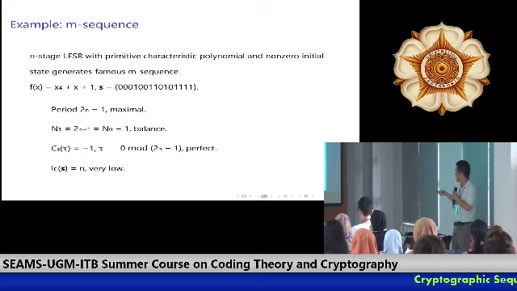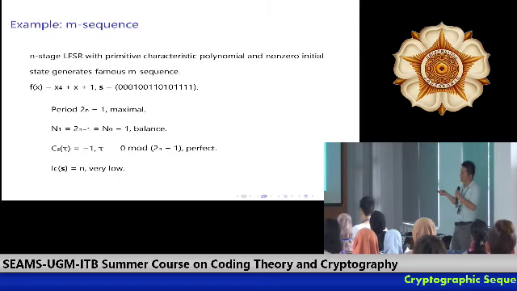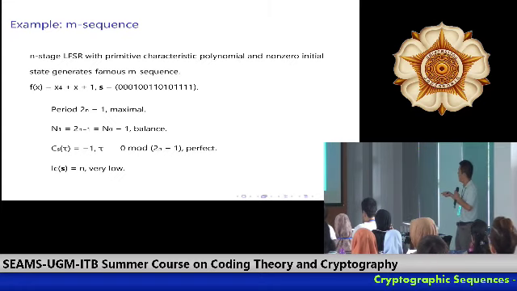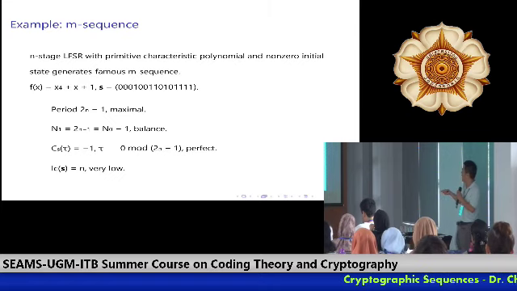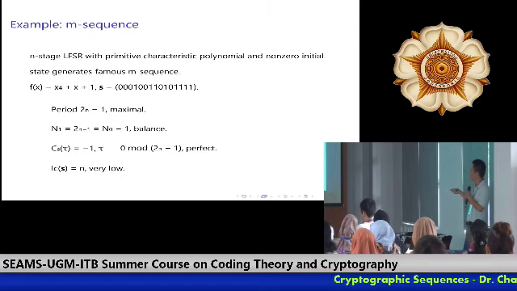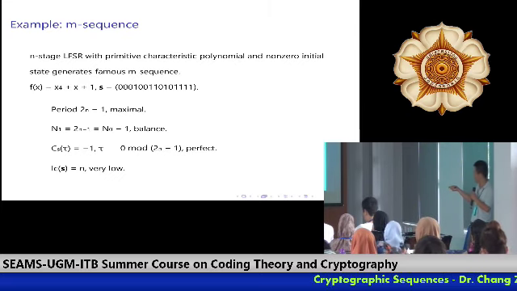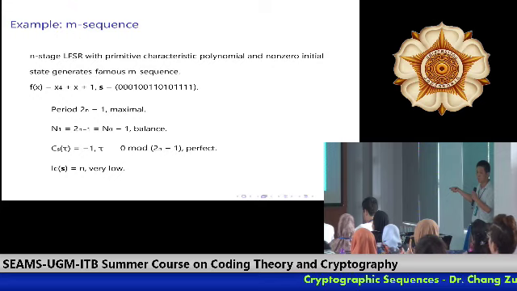Then the number of 1s will be 2 to the n minus 1, it's balanced. And the autocorrelation will be minus 1 if tau modulo 2 to the n minus 1 doesn't equal 0.